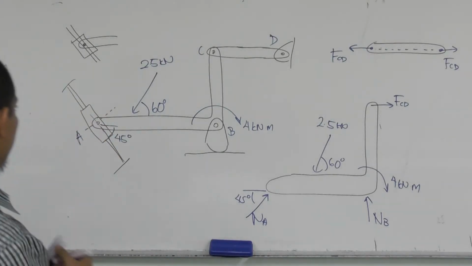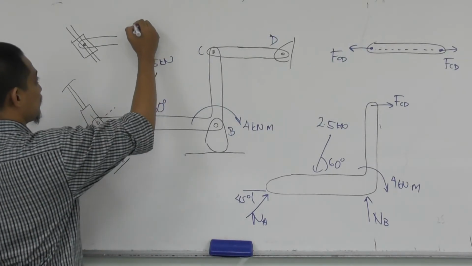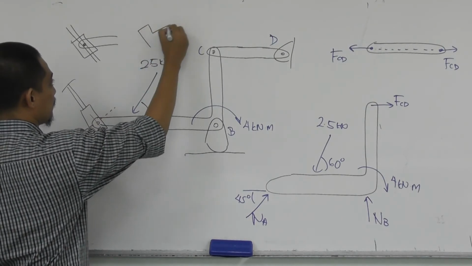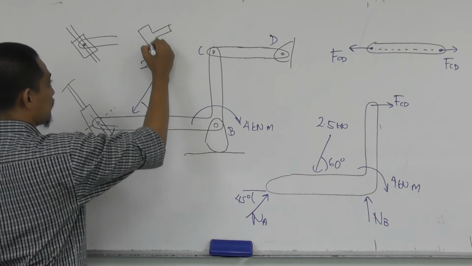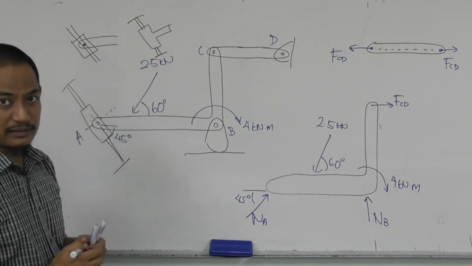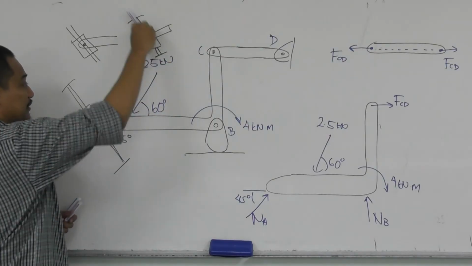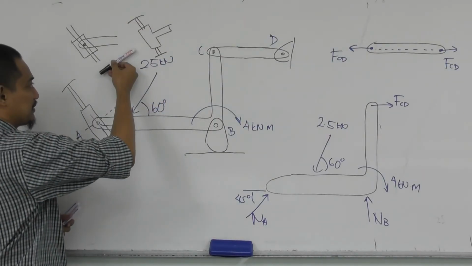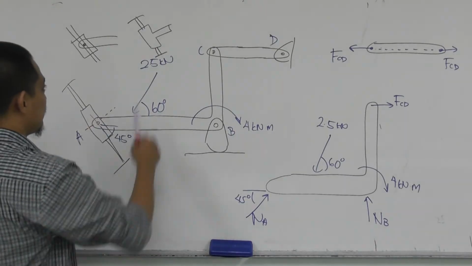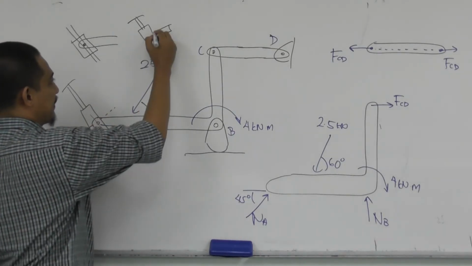But if you have a collar like that, meaning that it's still free to move in this direction, it still restricts in this direction, but additionally, this one also prevents any rotation.